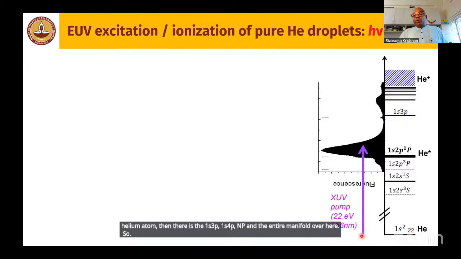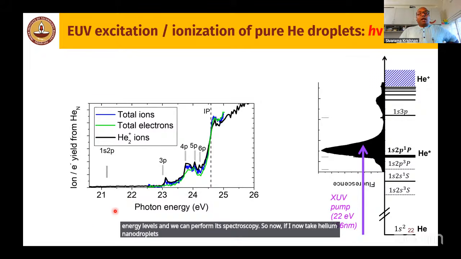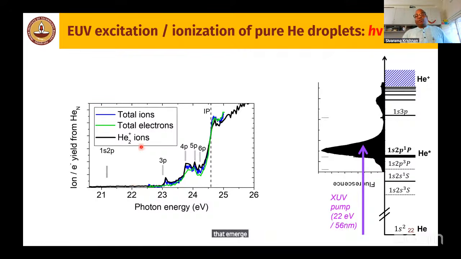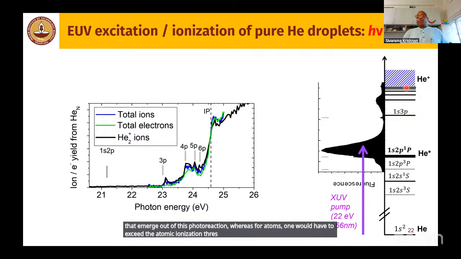So now a photon coming here will promote the electron to higher and higher energy levels, and we can perform its spectroscopy. So now if I take helium nanodroplets instead of atoms and then sweep the photon energy between 20 to 26 eV and collect the electrons and ions that emerge out of this photoreaction, whereas for atoms, one would have to exceed the atomic ionization threshold of 24.6 eV in order for the electron to come out of the atom and reach our detector.